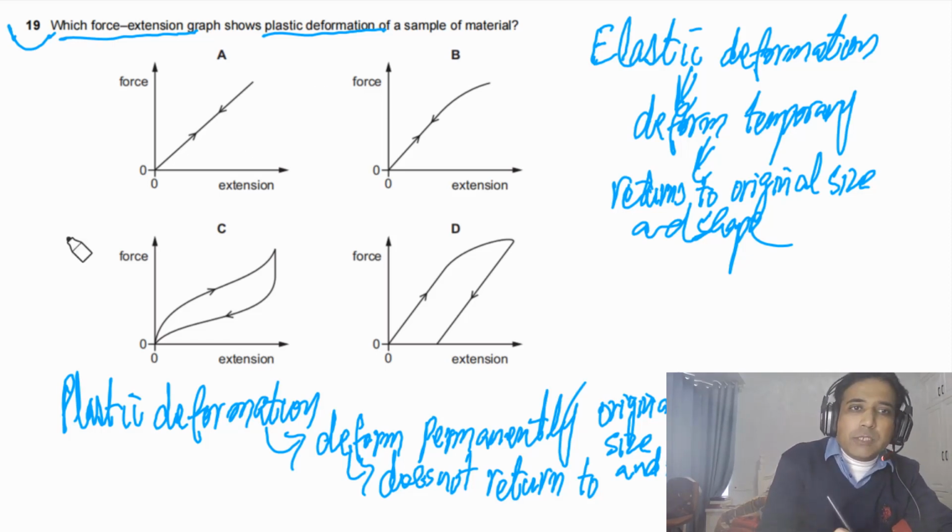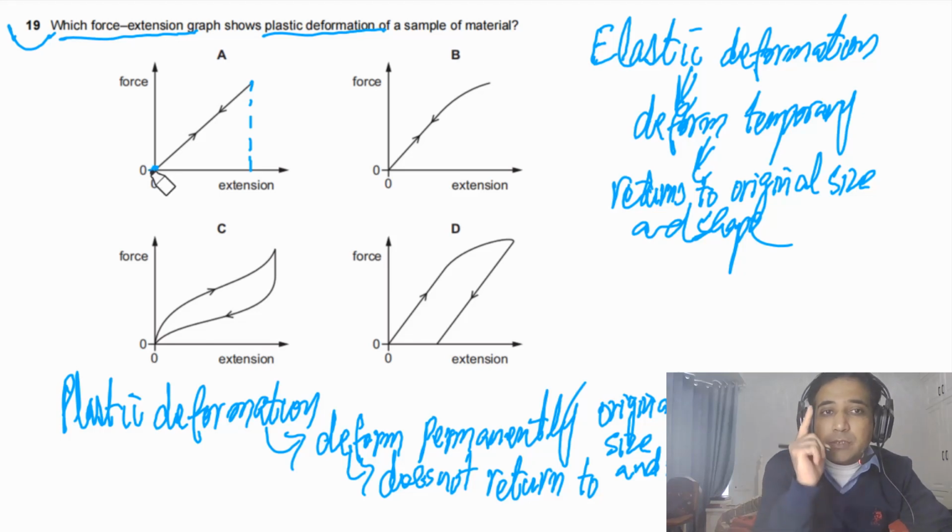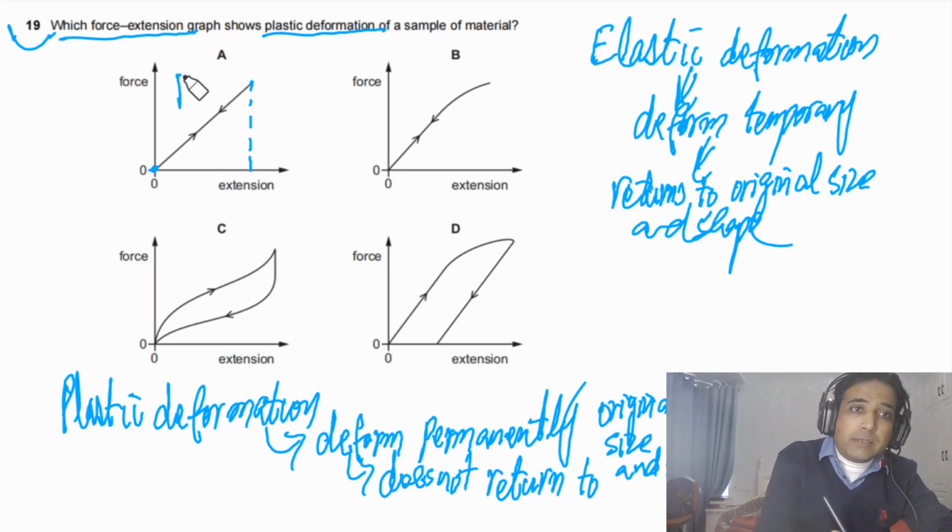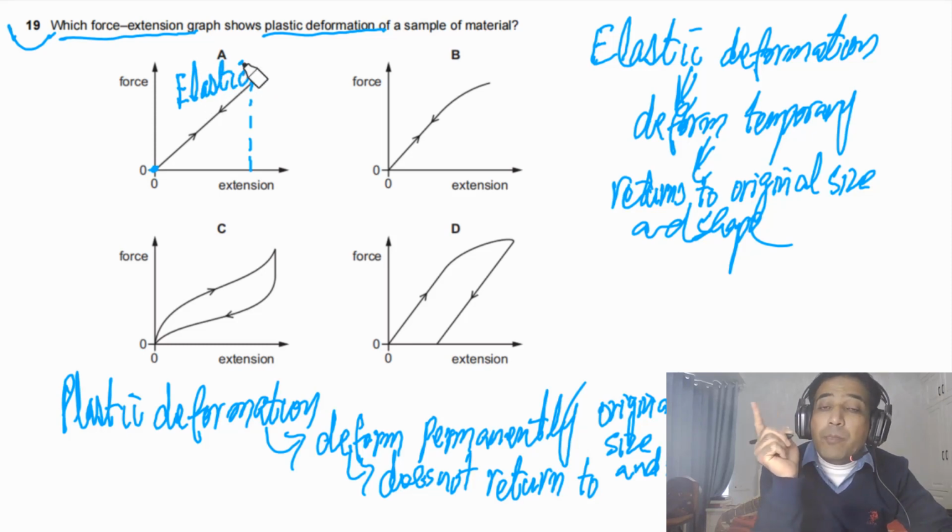Now if you look at the given options, you can see that here we apply force, and it deforms. So it has this much extension at this point. But when we remove the force, it comes back to this. So it was deformed temporarily. So this is elastic deformation, and I'll just write E here.